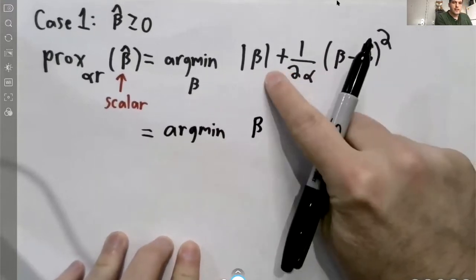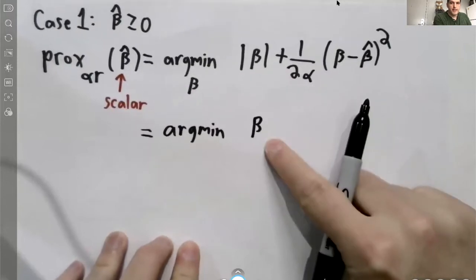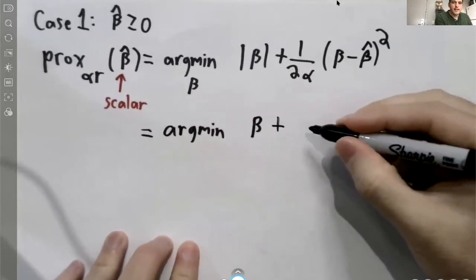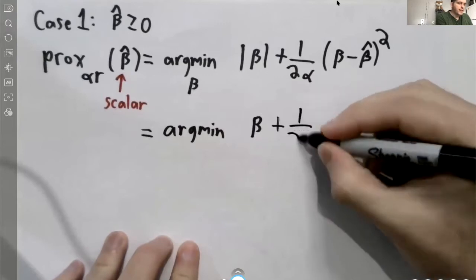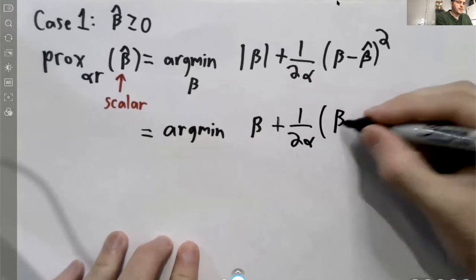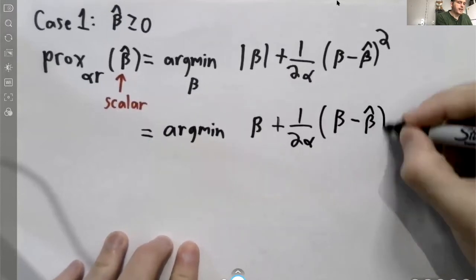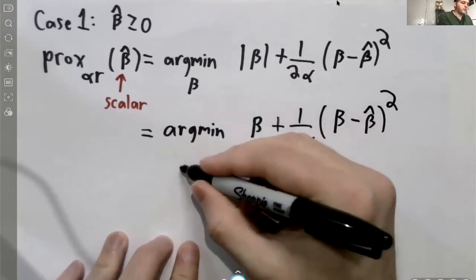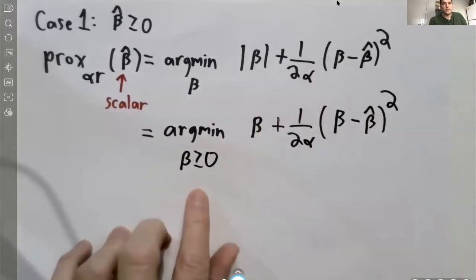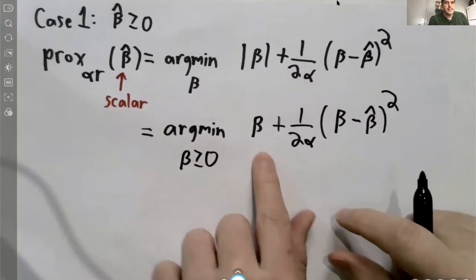The absolute value of beta is equal to just beta because we're restricting our attention to non-negative values of beta. And this term remains the same, 1 over 2 alpha times beta minus beta hat squared. And we're restricting our attention to non-negative values of beta.